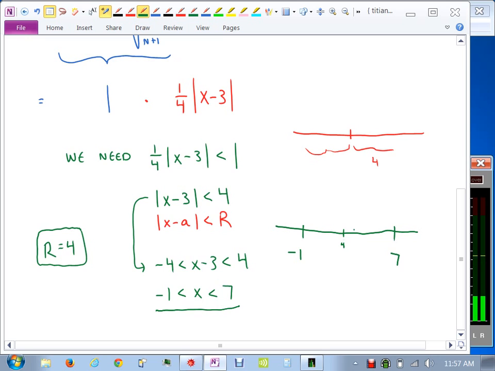Is it 4? It's 3. Thank you. 4 in each direction, right? If I go 4 this way, it's 7. If I go 4 that way, it's -1. Do you see the radius of convergence is 4, 4 in each direction, so in the middle is 3. Isn't a 3?